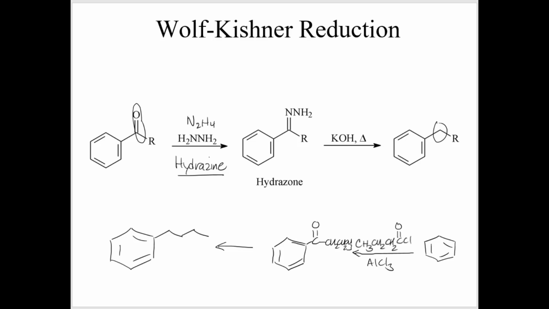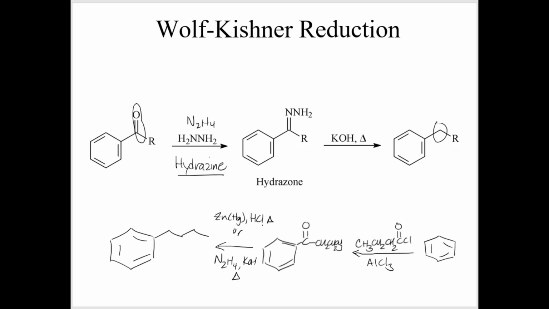And then if I react that with either zinc, mercury, HCl, and heat, remember the triangle is heat, or I could use N2H4, KOH and heat, then I reduce the carbonyl down to the butyl group.